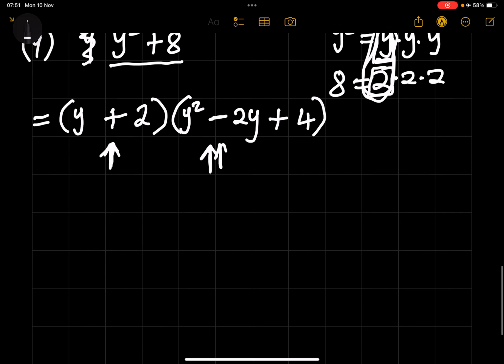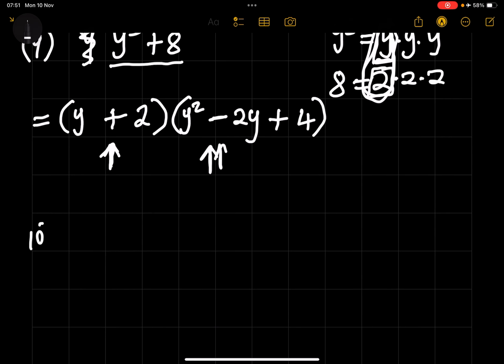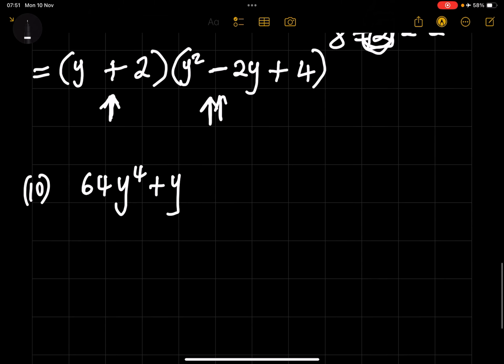Okay, now let's go to number 10. On number 10, we have 64 y to the 4 plus y. Recognize that there's a highest common factor of y.